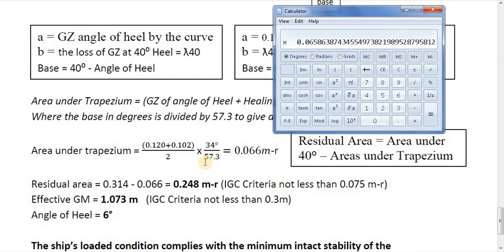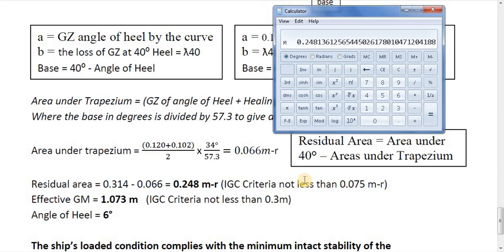Then we subtract it from the area under 40 degrees. Let me clear first. 0.314 minus 0.066 equals 0.248, in 3 decimal places, meter radian.